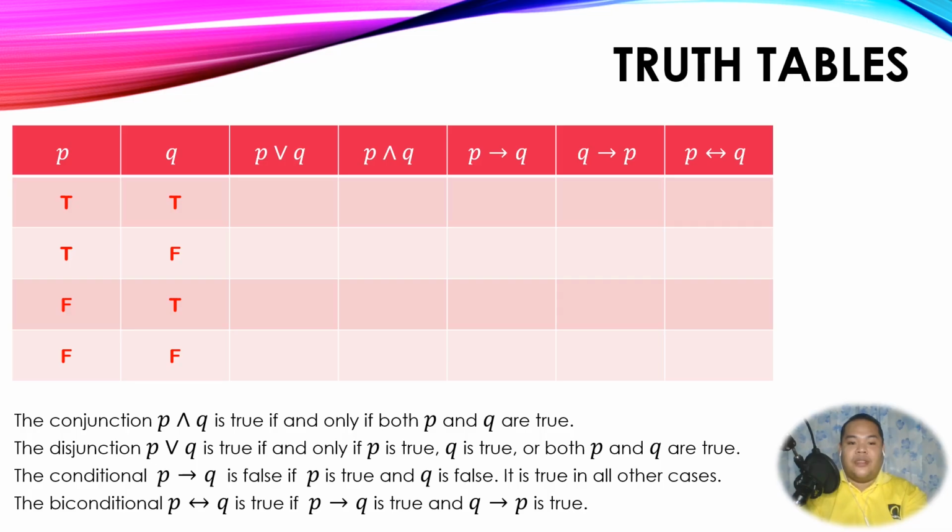So, for the first column, P or Q. T or T. T or F. F or T. F or F.